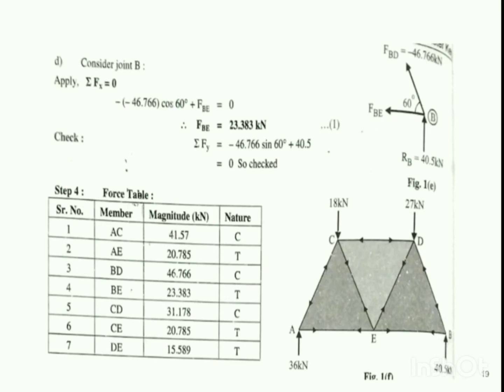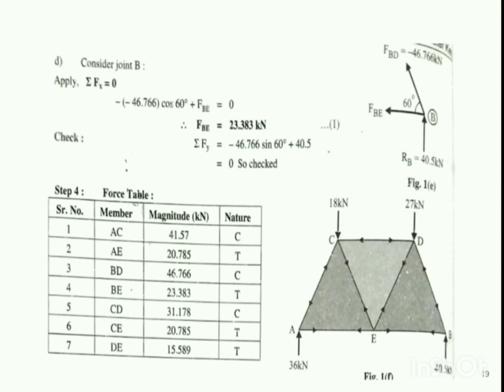Now there is a check that has been performed just to understand whether the answer that we are getting is correct or incorrect. Over here you can see summation Fy is equal to minus 46.766 sin 60 plus 40.5. So we got the value of summation Fy equal to 0.